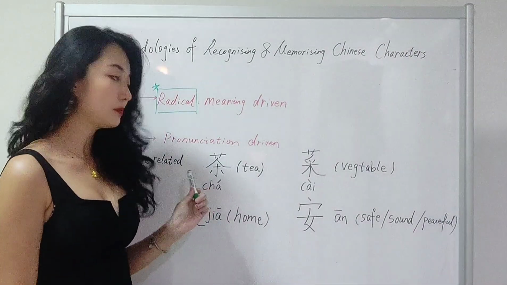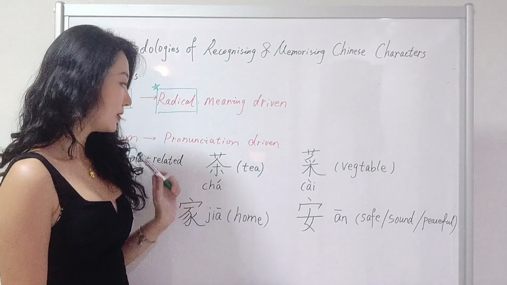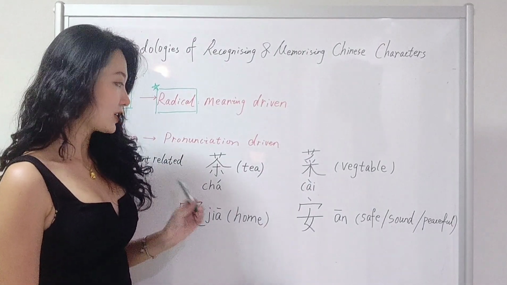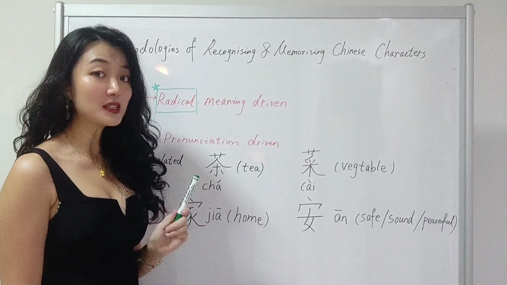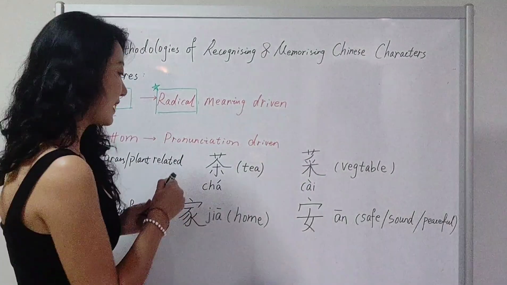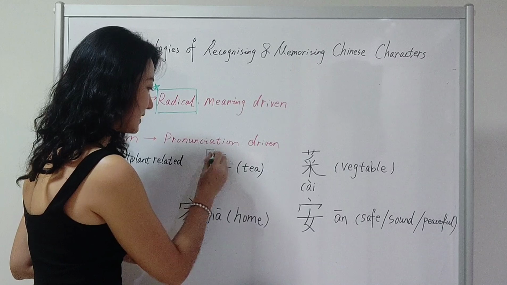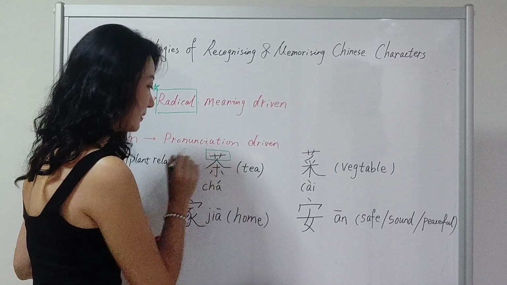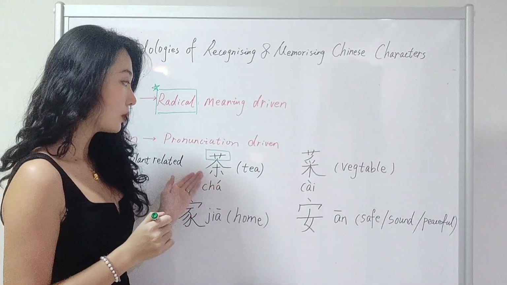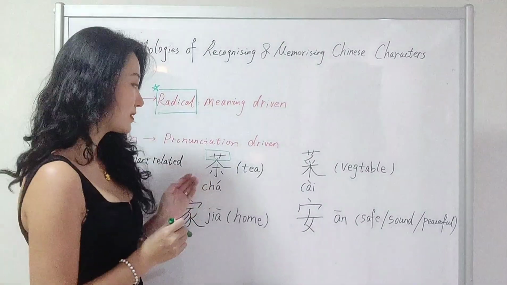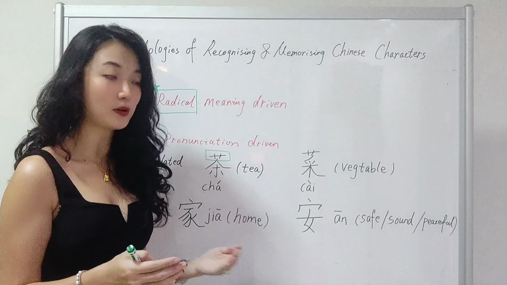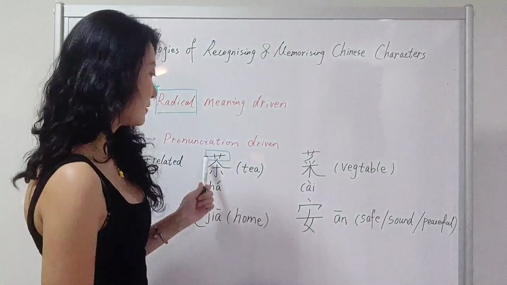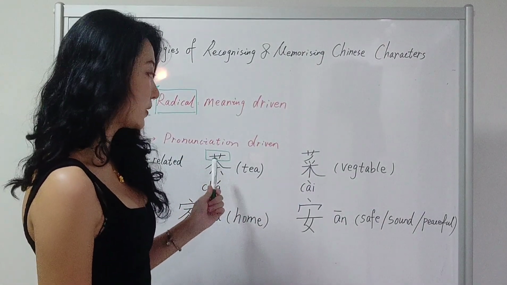Let's take this character for example. This character's pronunciation is chá. Chá means tea, and it has this upper part, means grass or plant based. So tea is also like tea leaves, right? Is from the ground. So that's the reason we can see this radical here.